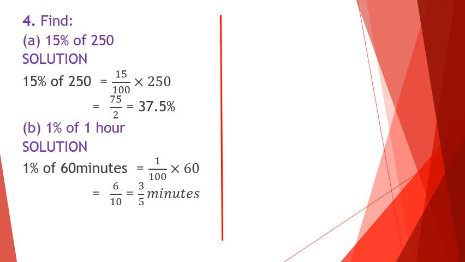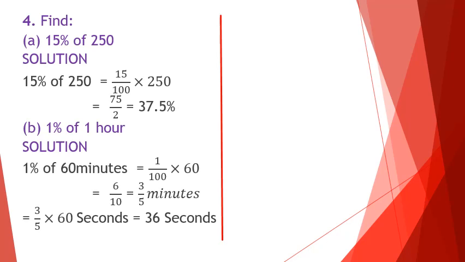So we can write it in seconds. How many seconds will make 1 minute? Yes, 60 seconds equal 1 minute. So we can replace 1 minute here, and 3 by 5 into 1 minute can be written as 3 by 5 into 60 seconds.